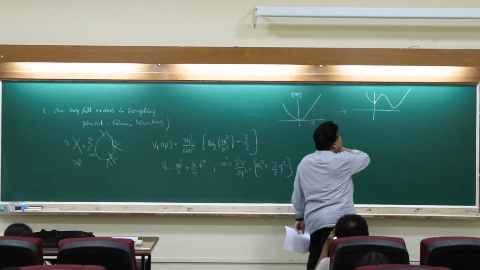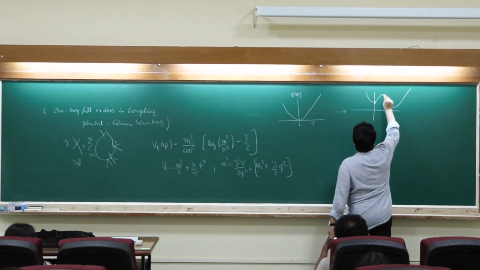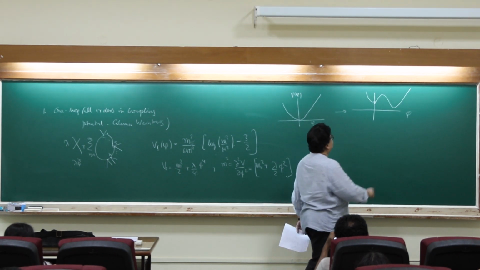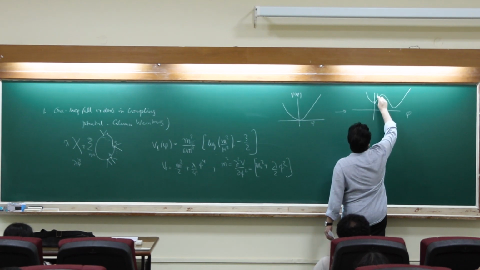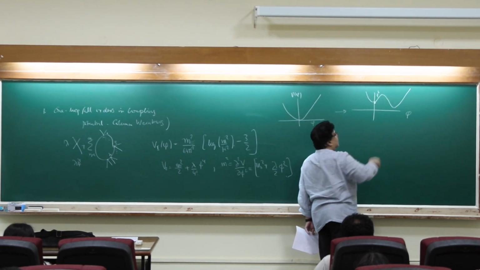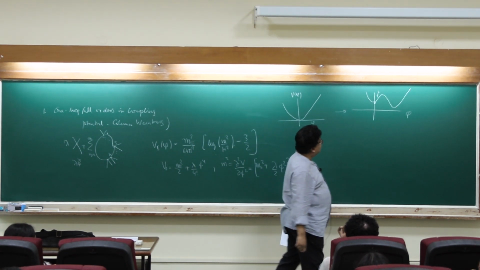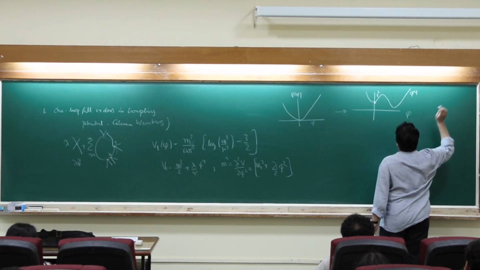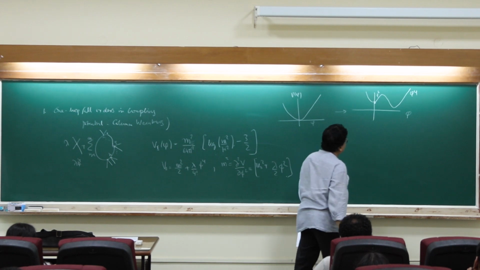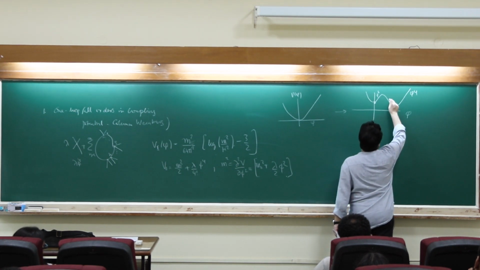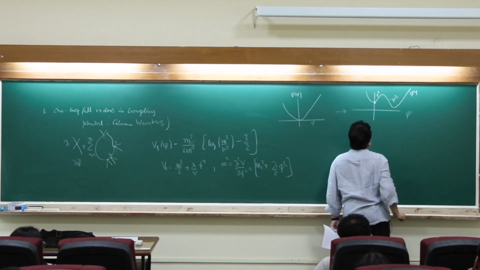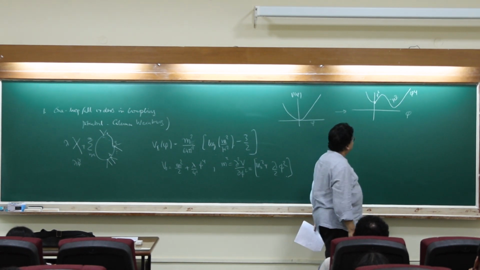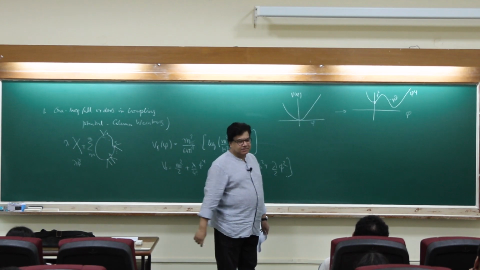At small phi, phi square terms will dominate, and at very large phi it will be phi to the 4 onwards, and in the intermediate region, if you have something like a minus phi cube, then you have a barrier like this.